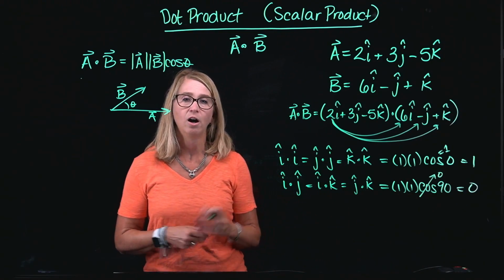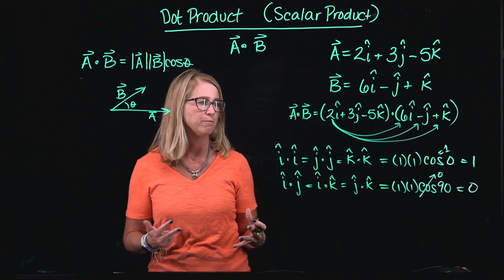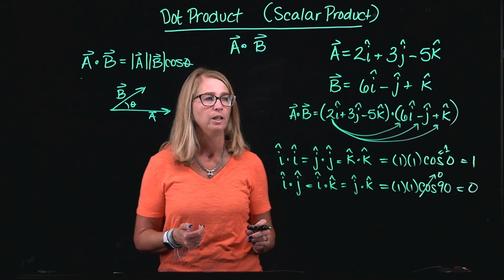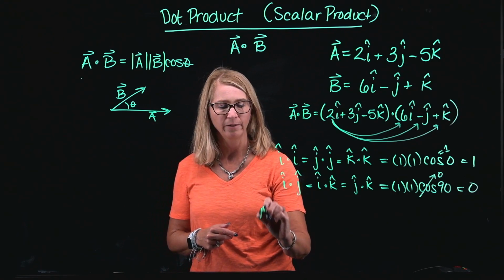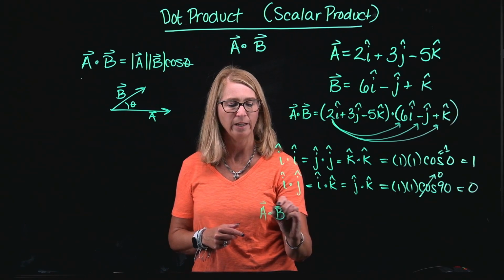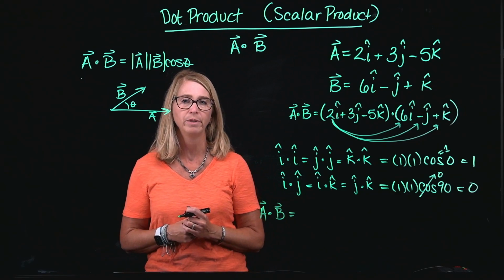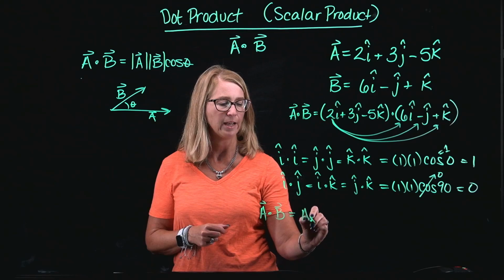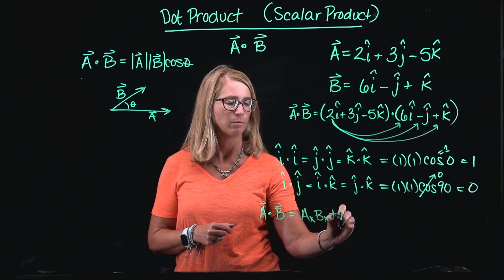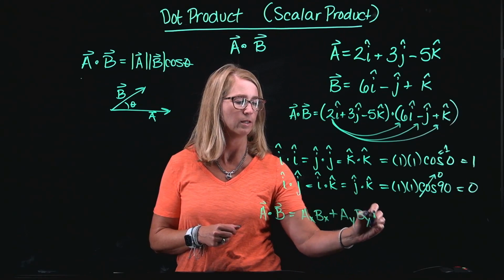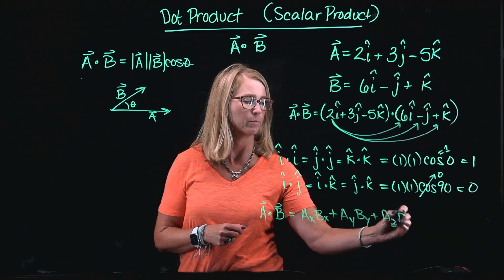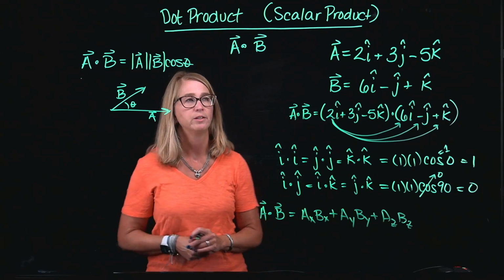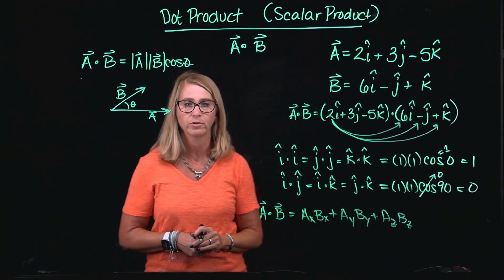So all those cross terms don't give me any contribution to the dot product of A dot B. So simplifying everything, we only get a contribution to A dot B when we have like terms multiplied by each other. So I have AX times BX plus AY times BY plus AZ times BZ. That is really how we would calculate the dot product of these two vectors here.